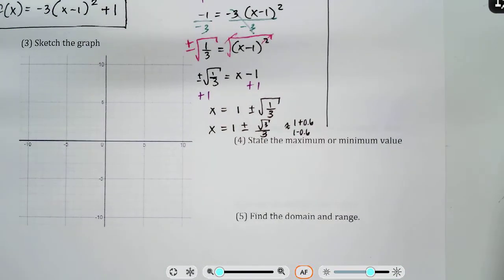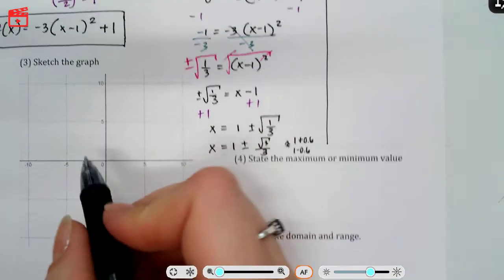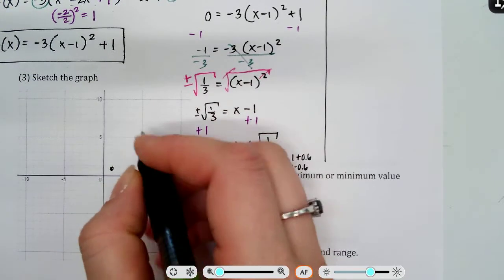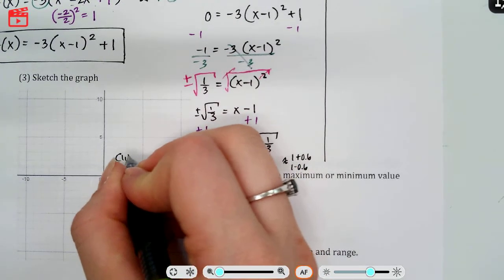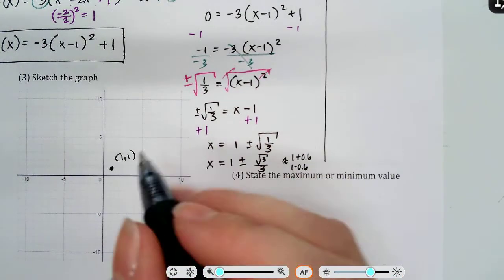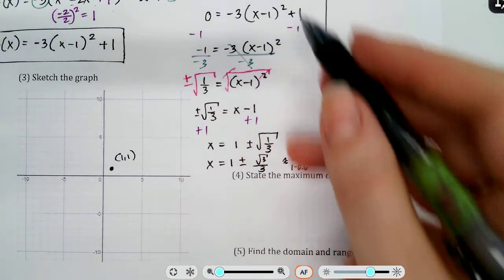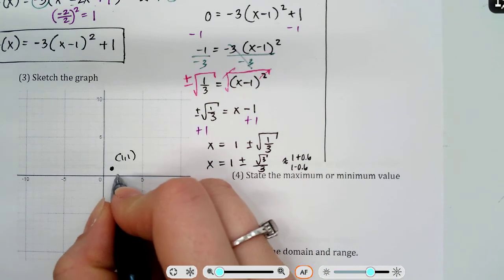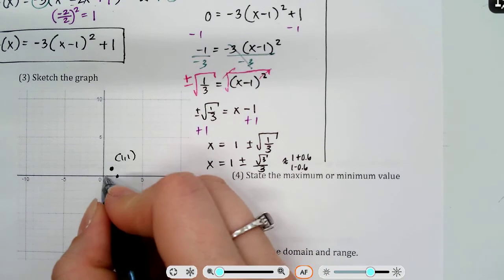Okay, and graphing those, well, my vertex is 1, 1. And my x-intercept is going to be 1 plus 0.6, so it's going to be 1.6 about. And 1 minus that, so it's going to be about there.